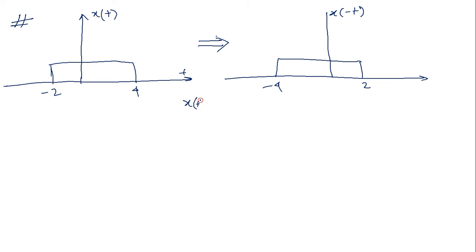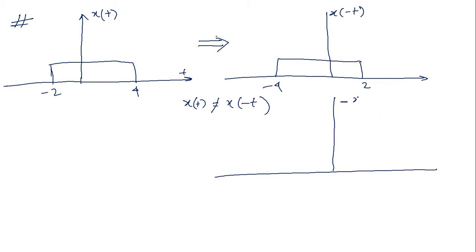Is x of t equal to x of minus t? No. Again, I am taking the minus of x of minus t. So if I take the minus of x of minus t, this amplitude comes to the downside. 2, 2, minus 4.